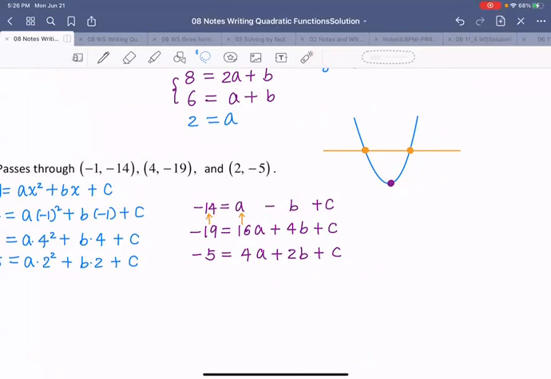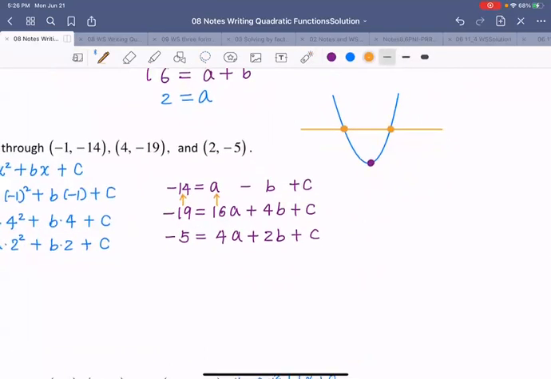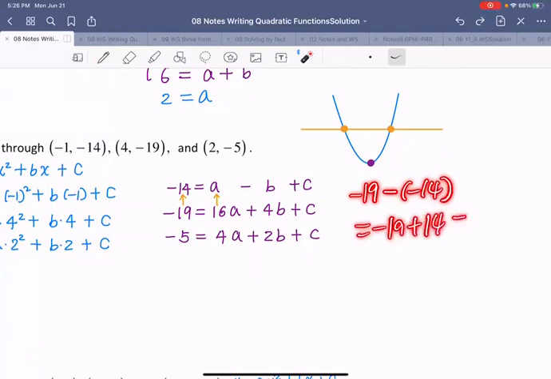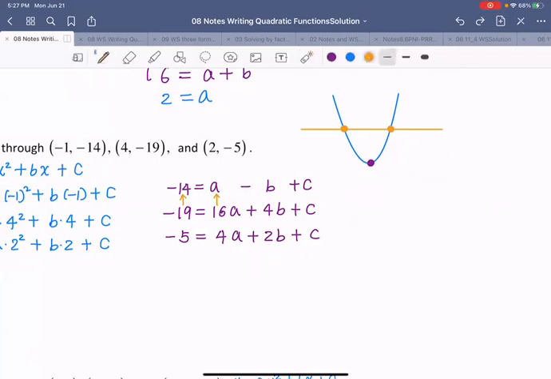Like that, okay? That guy minus that guy, how much? Negative 33. Hold on. Negative 19 minus negative 14 equals negative 19 plus 14. Be careful, okay? Equals? Negative 5. Yes.